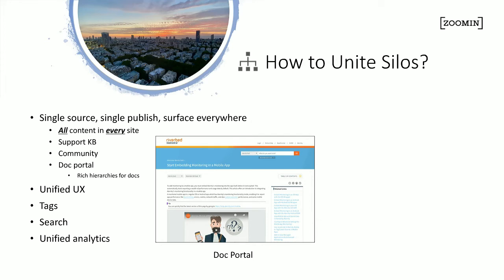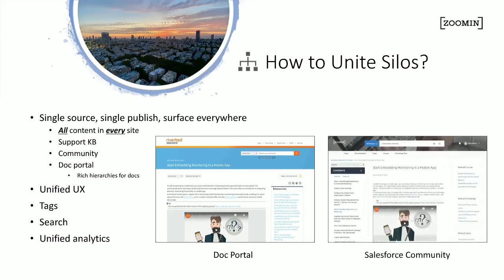The same topic in the doc portal with all of its richness and all of its task hierarchy, you can show that entire topic exactly the same with all of its richness and all of the navigation also in, for example, Salesforce Community, without any compromises, without any squashes, okay?